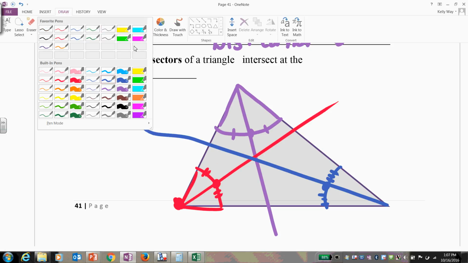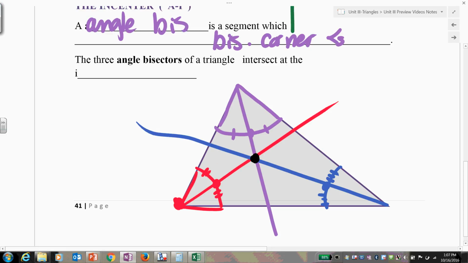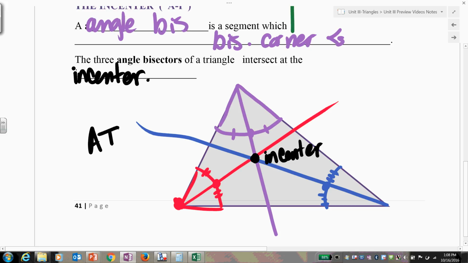And these are going to intersect at what's called the incenter, the incenter. Where I remember that is altitudes cross at the incenter, AI, like artificial intelligence.